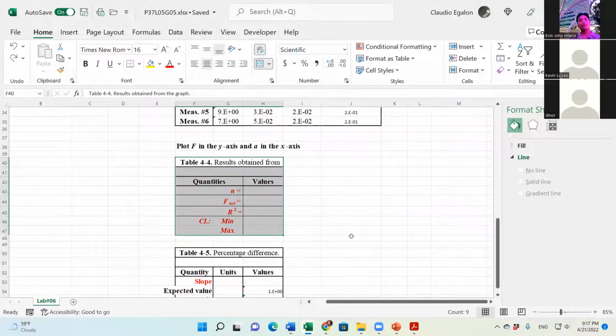So what's n? N equals 6. Okay. So Fnet is just the regression equation. Type the regression equation there. Okay. R squared, type the R squared there. Did you type that?